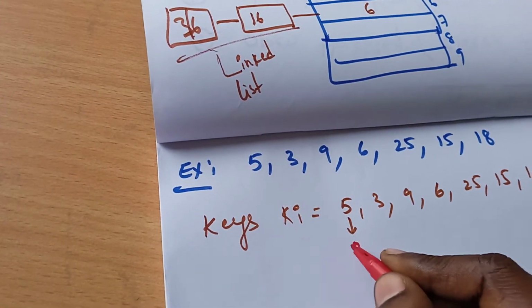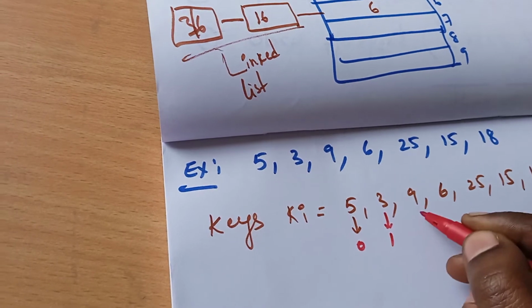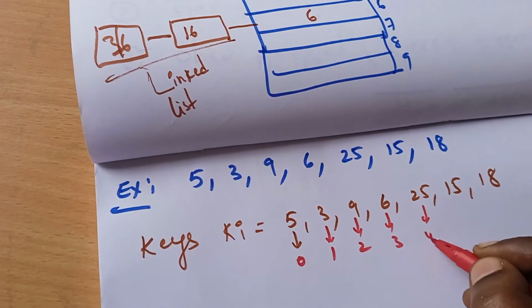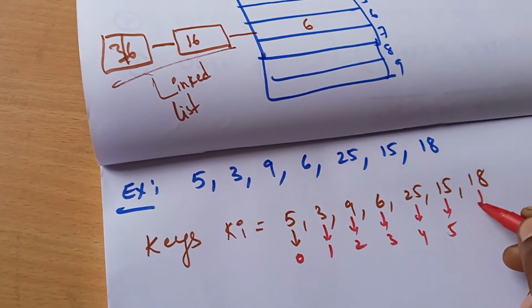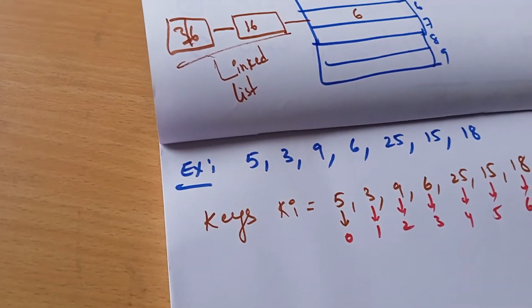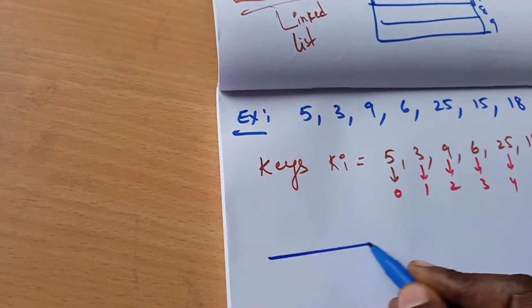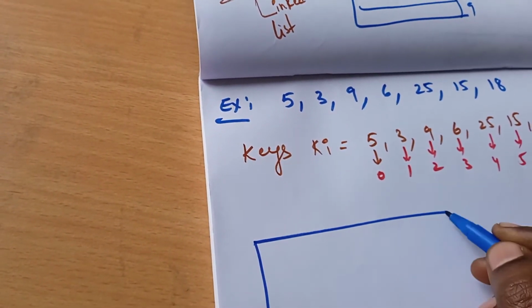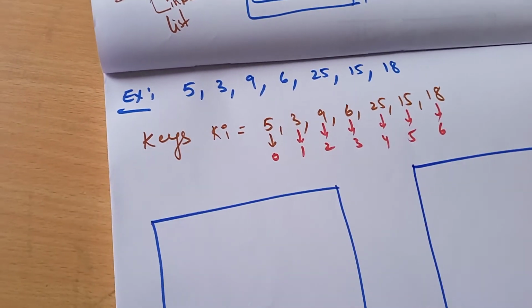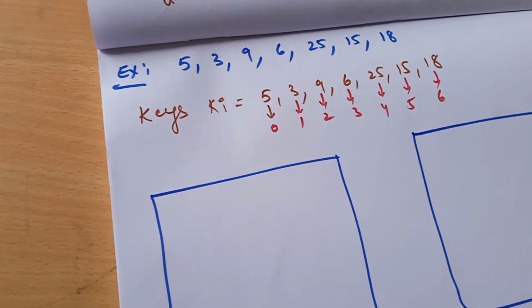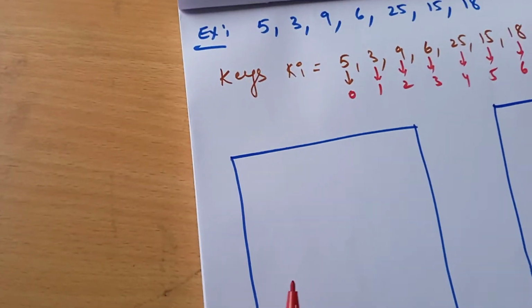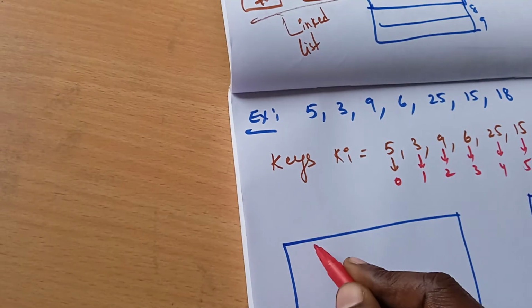Now this is my first 0, 1, 2, 3, 4, 5, 6. So I'm going to take the implementation for the hash function, and I'm going to take one hash table.